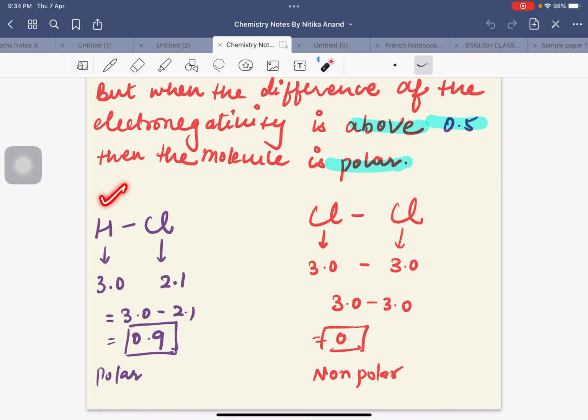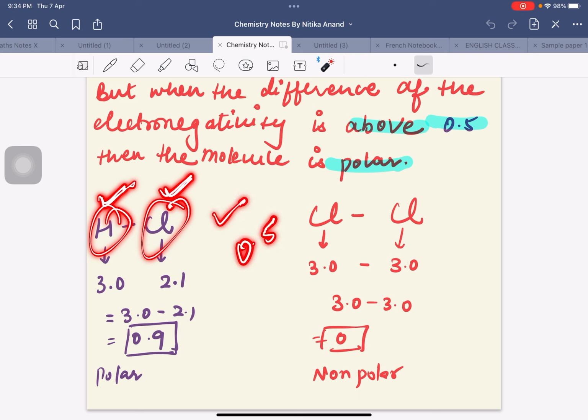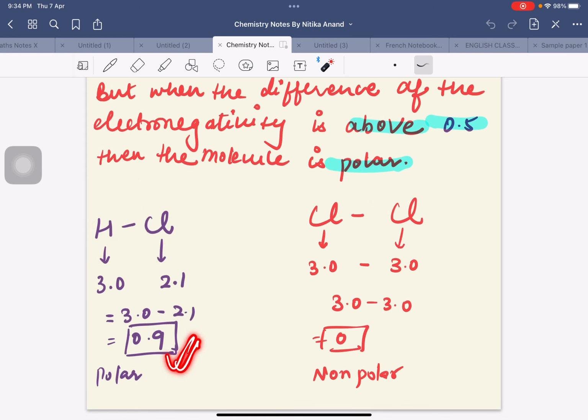Basically, you have to find the difference of the electronegativity of both the atoms, and once you find it, you have to check whether it's above 0.5 or below 0.5. If it is below 0.5, then it's a non-polar covalent compound. If it is above 0.5, then it's a polar covalent compound.